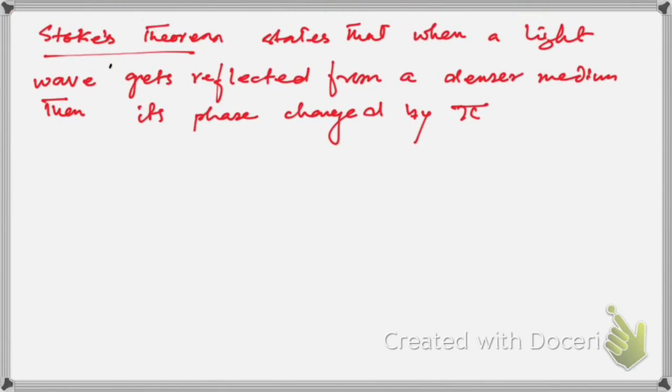So here you see what does it say, and also mention this: the phase is changed by pi, and the path will change by lambda by 2, right? So now you see.